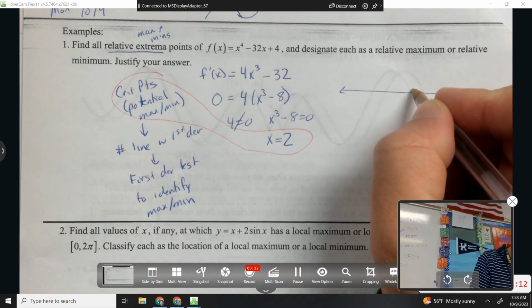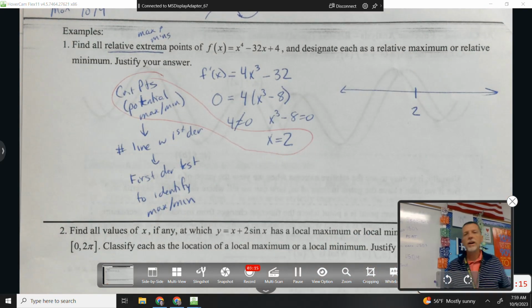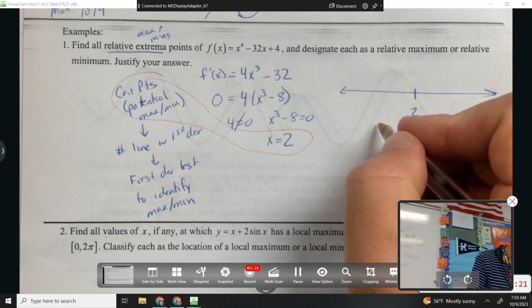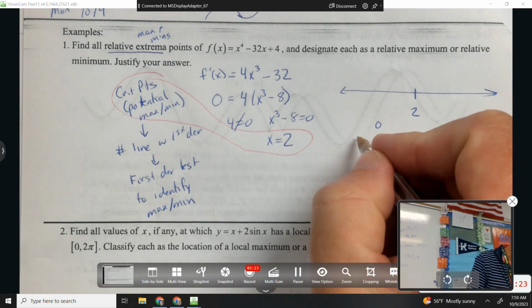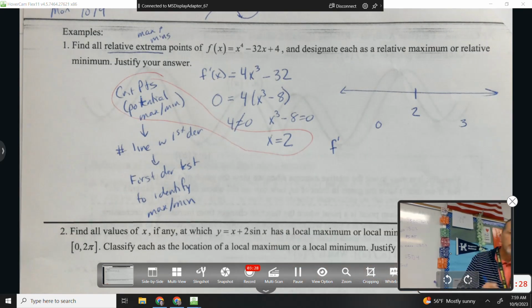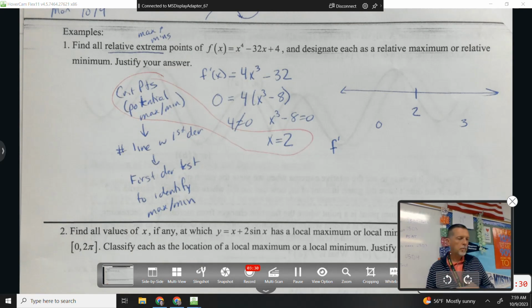So let's make a number line with 2 on there, because I want to see where this thing is increasing or decreasing. So let's check 0 and 3 into f prime, because f prime will tell us increasing or decreasing.